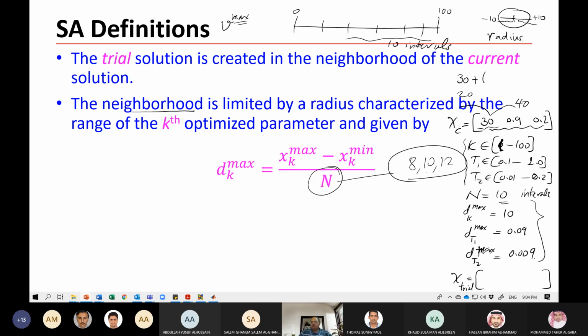So you can say minus D max, and here D minimum, plus R times D max minus D minimum. And this is the random number between 0 and 1. So if it is 0, for example, then this will eliminate, and you have 30 minus 10, so it becomes 20.